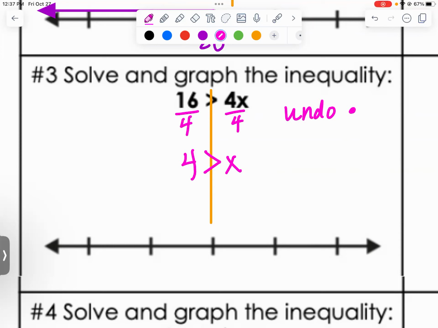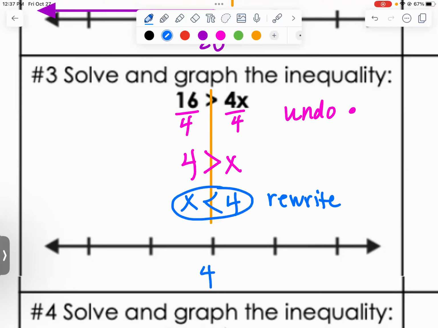Now, is our variable on the left? No, so we do need to rewrite it to where X and 4 trade places, which means our inequality sign does need to trade places also, okay? So X is less than 4, and we have an open circle going to the left, okay?